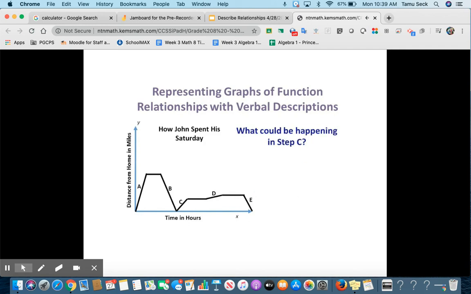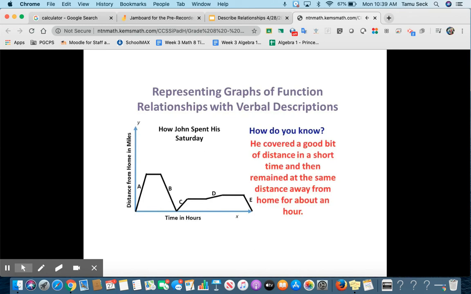What could be happening in step C? He quickly made it to soccer practice, where he practiced for about an hour. How do you know? He covered a good bit of distance in a short time, and then remained at the same distance away from home for about an hour.